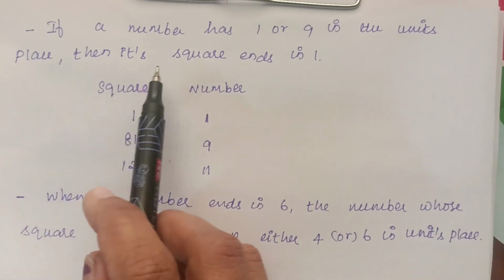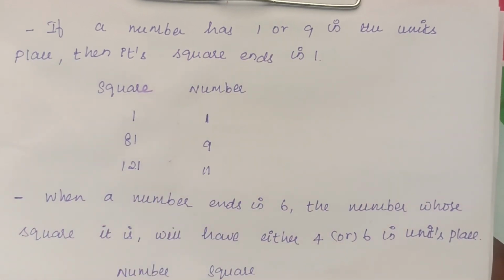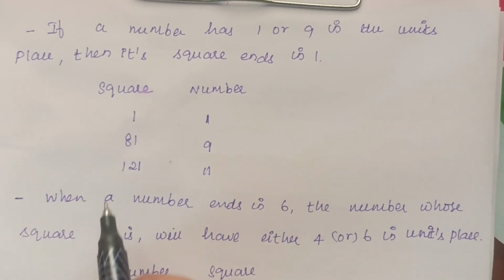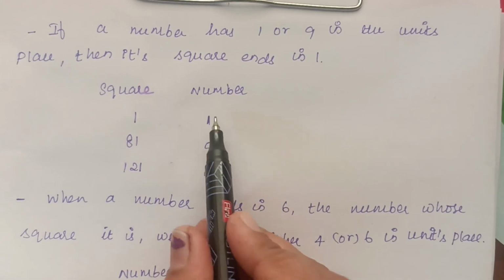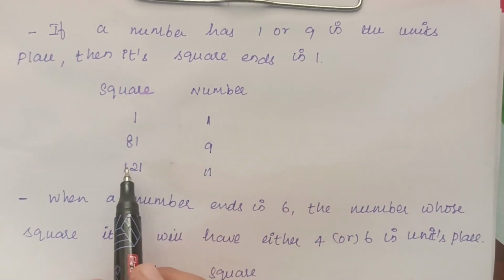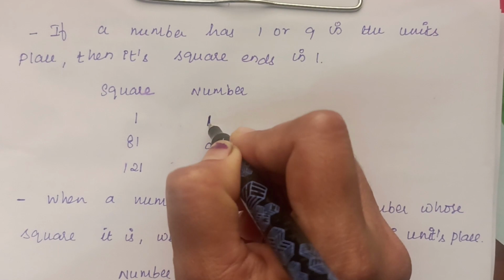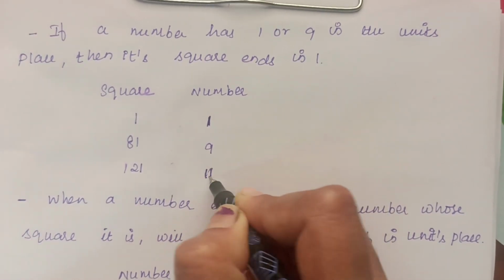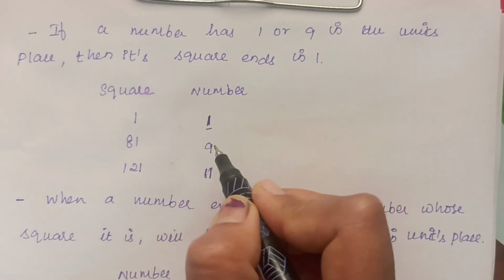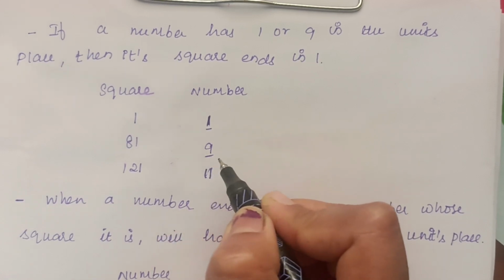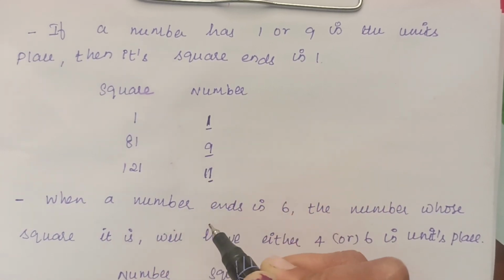Next property: if a number has 1 or 9 in the unit place, then its square ends with 1. So here we have 3 numbers and their corresponding square numbers. Here 1, 9, 11. The unit digit of this one is 1, here it is 9, and here the unit digit is 1.